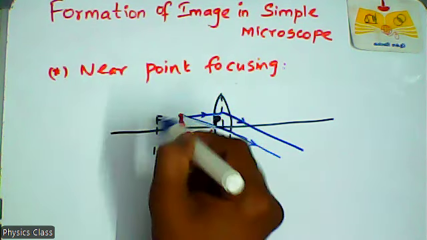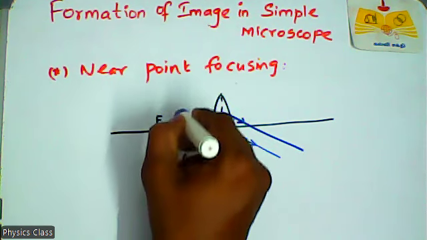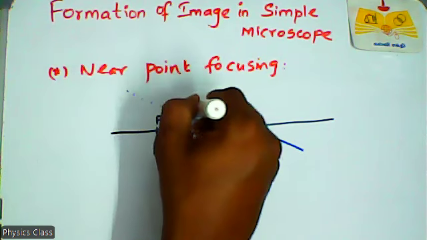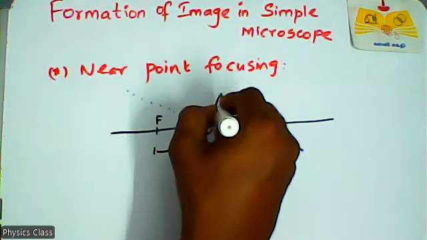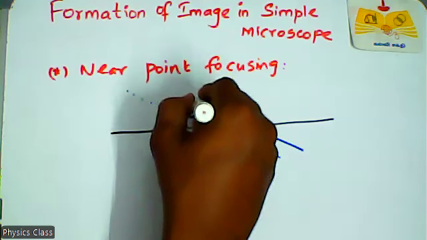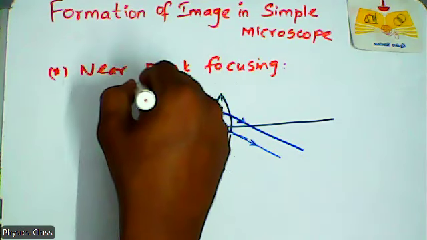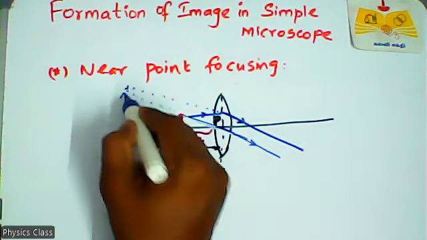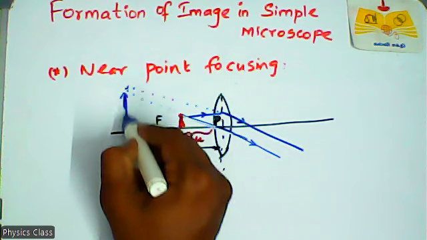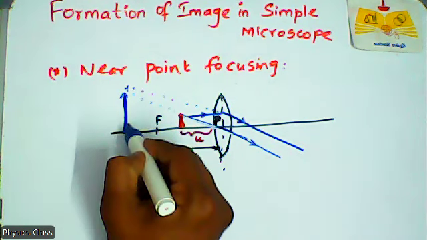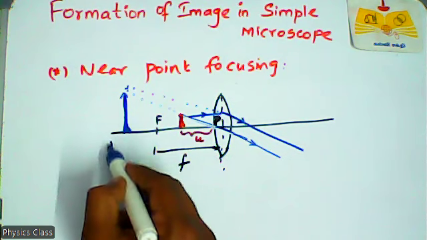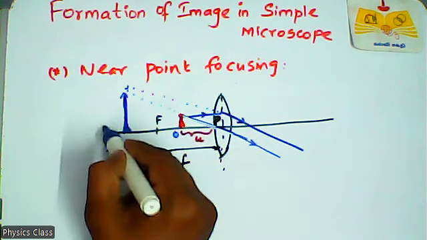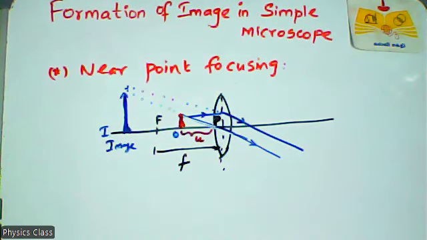But it appears to diverge from that position. So in this case, here it meets. This is the image, and this is the object.